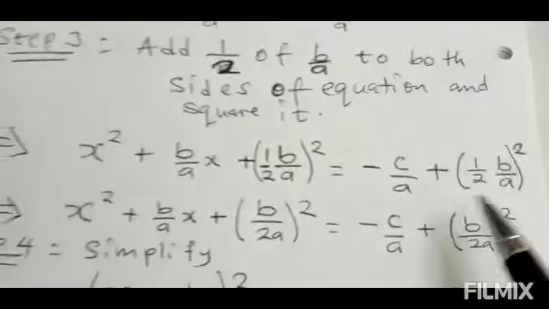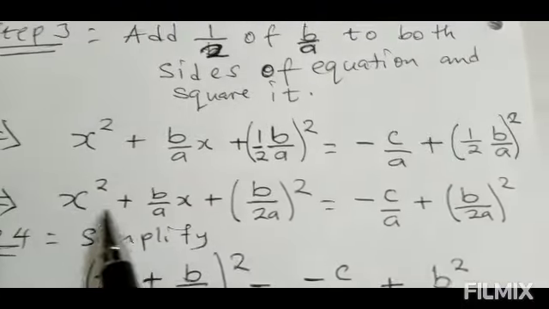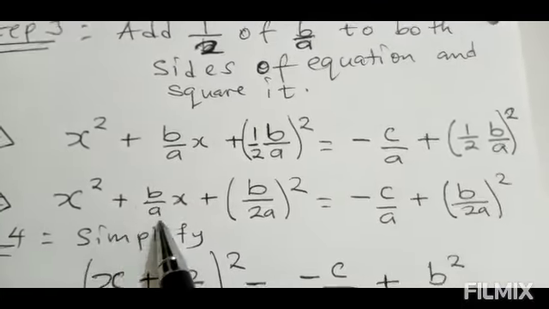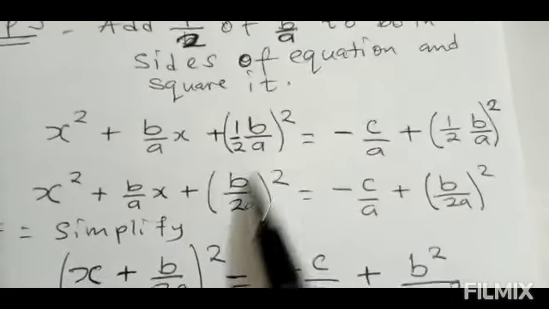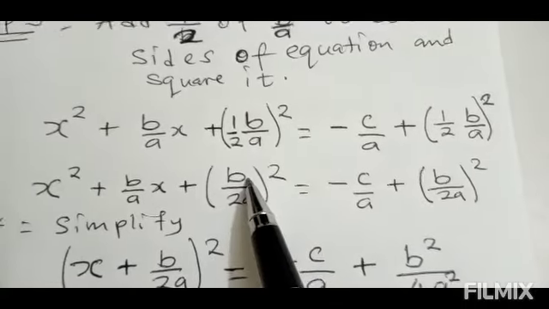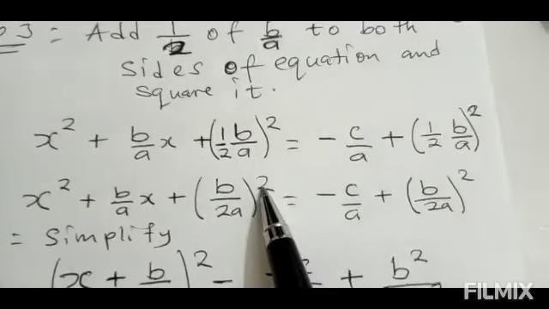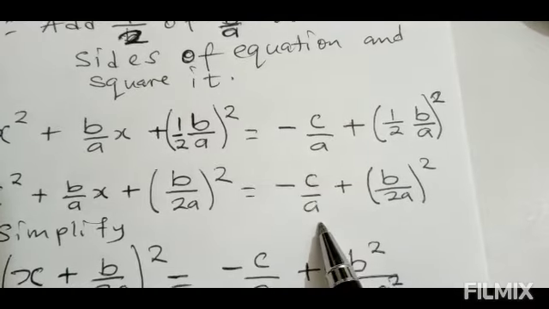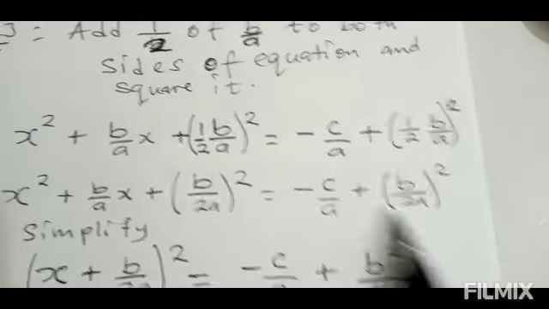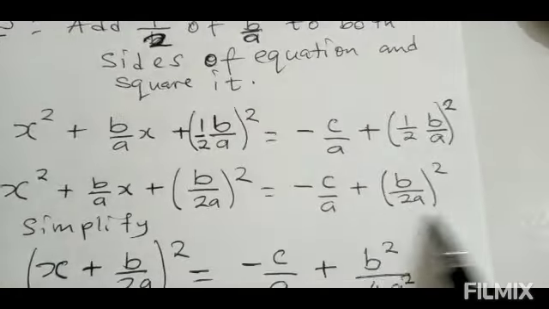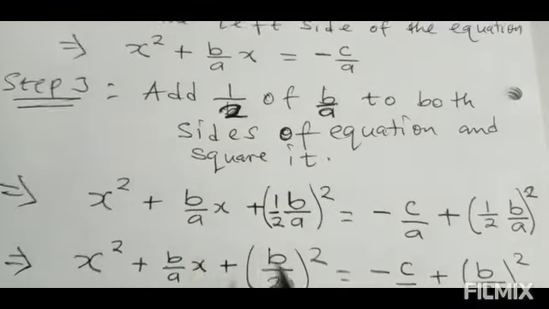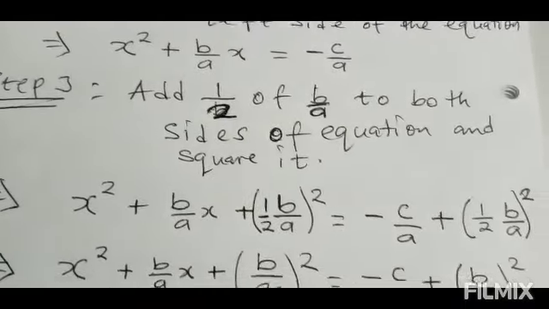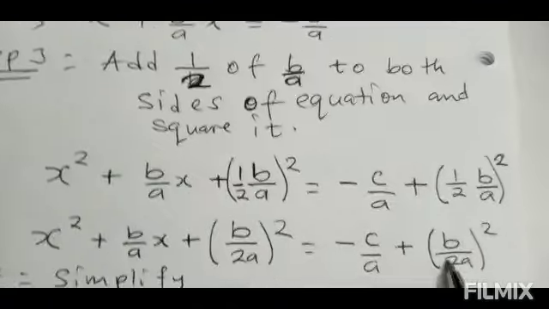Okay, so we continue, x squared plus b over a x plus, this just becomes b over 2a. 2 times a is 2a, 1 times b is b. So b over 2a squared is equal to minus c over a plus b over 2a squared. Look at this term here, it is both sides the same thing. So in step 3, we add half of this term and square it. So we have added and we have squared it.